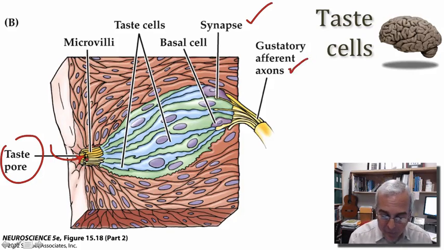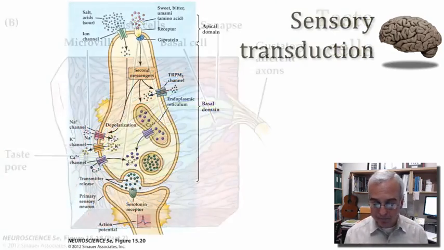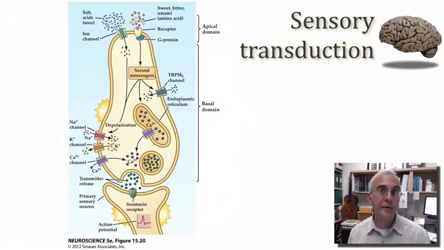Okay, so now let's focus in on this apical surface of the taste cell and understand how sensory transduction happens. Well, for a taste cell, sensory transduction happens through a variety of different mechanisms. And as I'll tell you in just a moment, the receptors that are expressed help to define the response of that taste cell.